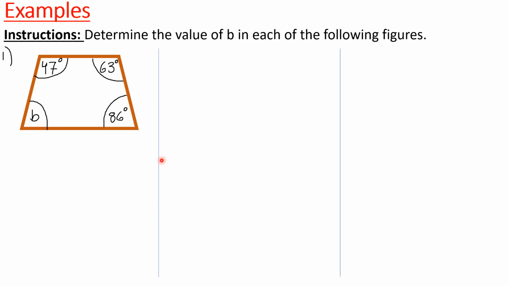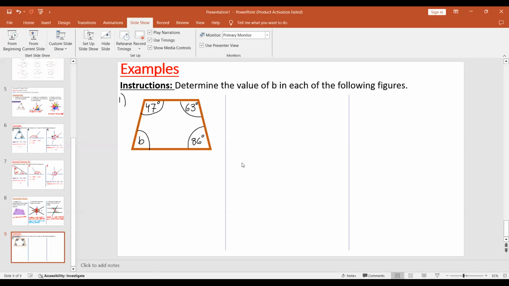Very good. We're going to add up 47 plus 63 plus 86, right? We add all of them together and then we subtract them from 360, and then we'll get our answer for B.